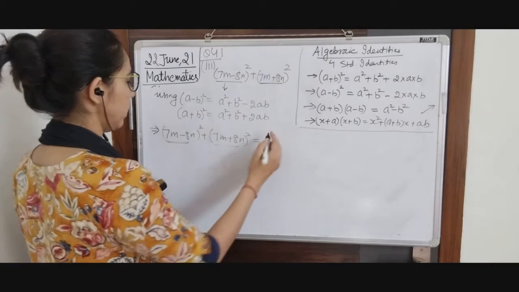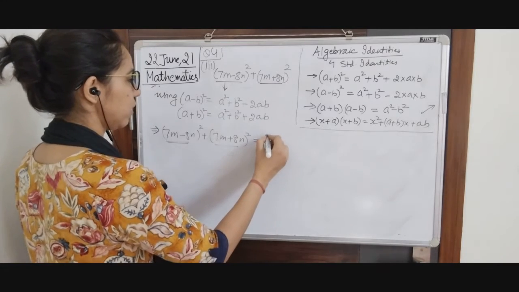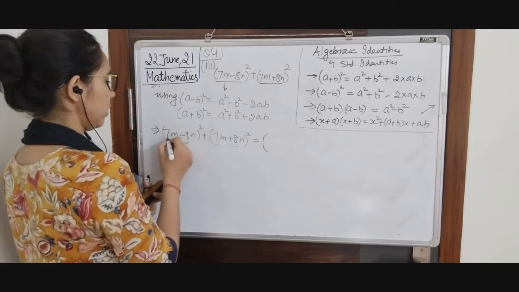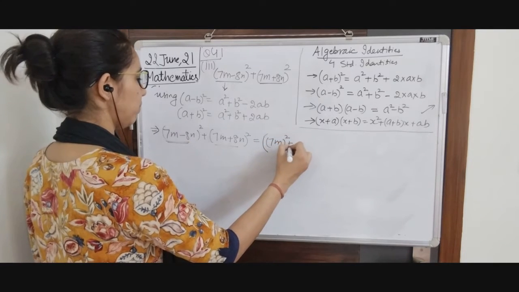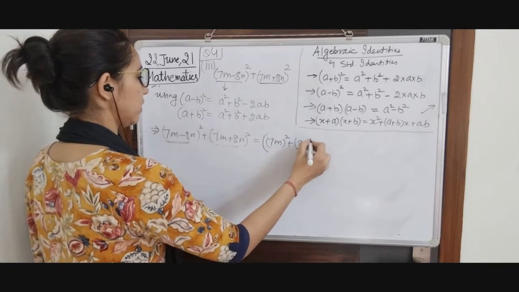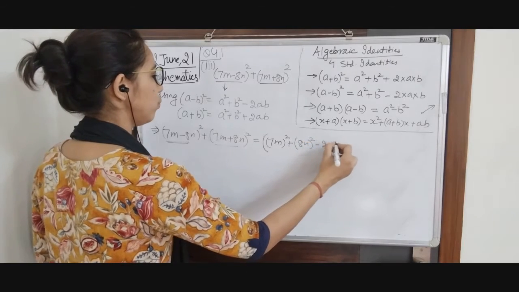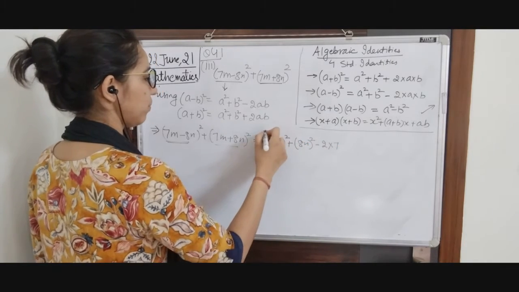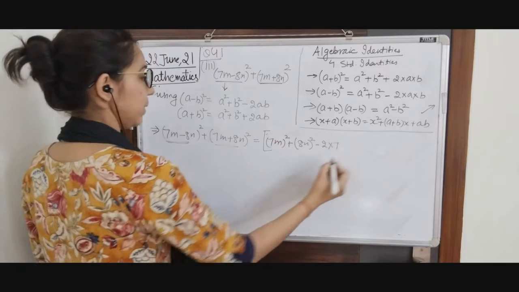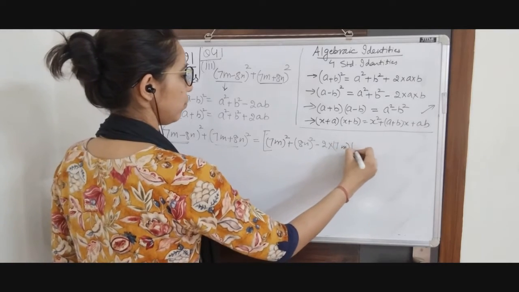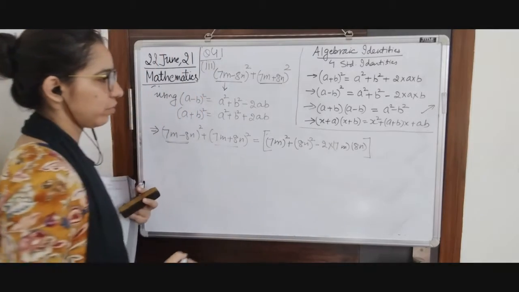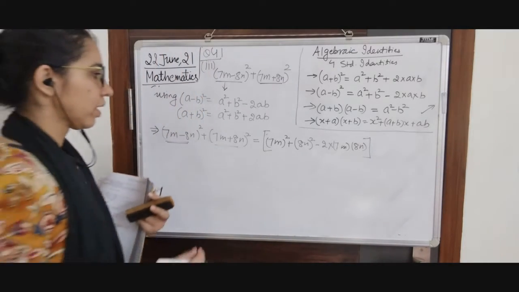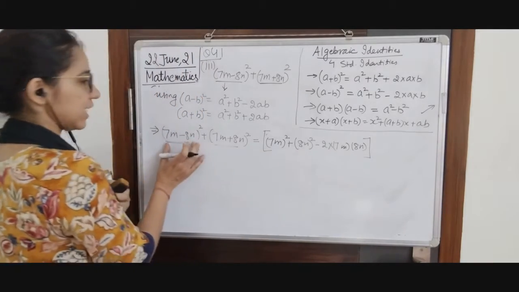So for this, first we are going to solve this. I am going to put it in brackets to avoid any confusion. First term square, it will be (7m) square plus second term square, this square, minus 2 into 7m into, I am going to put a bigger bracket here, because with so many smaller brackets you will get confused. So this we get for this expression.